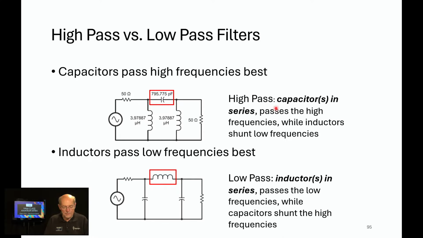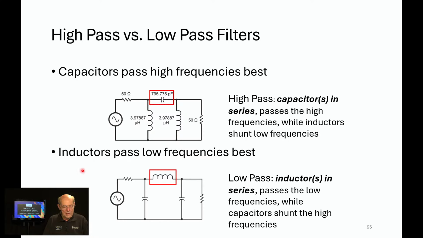So high pass, we have a capacitor or capacitors in series, which passes the high frequencies, while the inductors shunt low frequencies. So whatever we have as the pass element, in this case a capacitor, we're going to have the opposite as the shunt element. Capacitor up here, inductors down here. All right, so this is the high pass configuration.